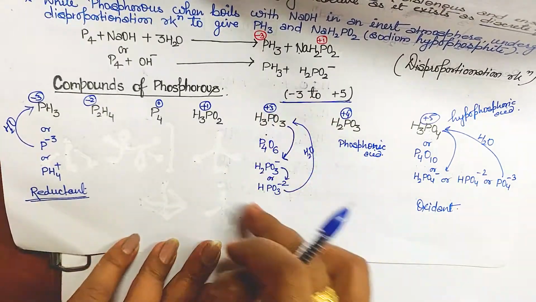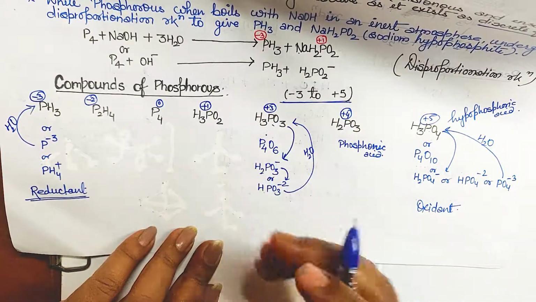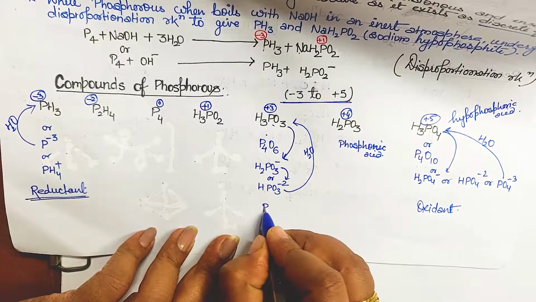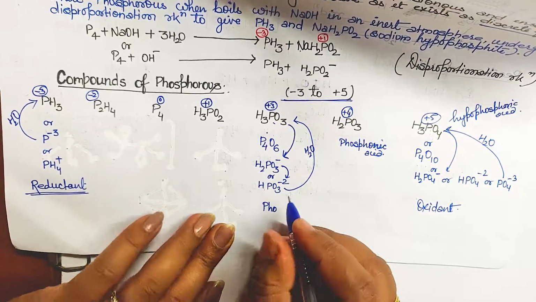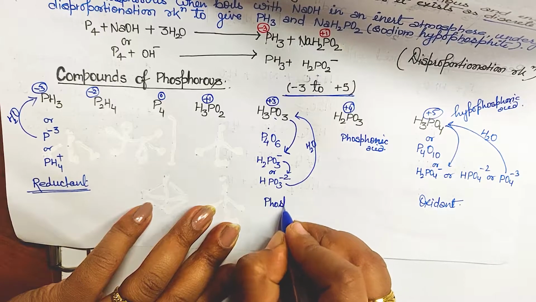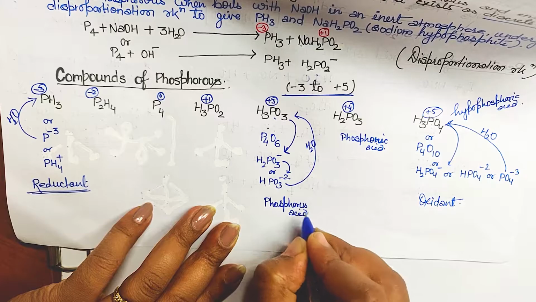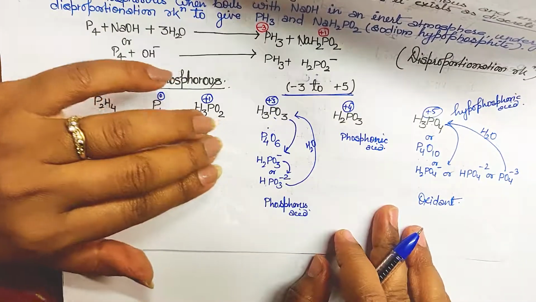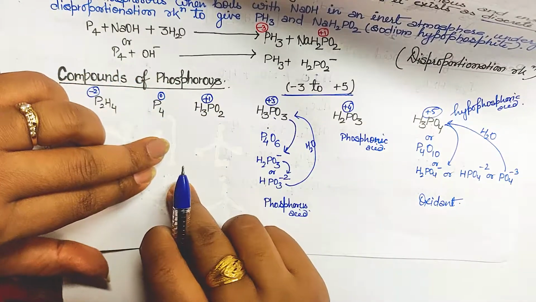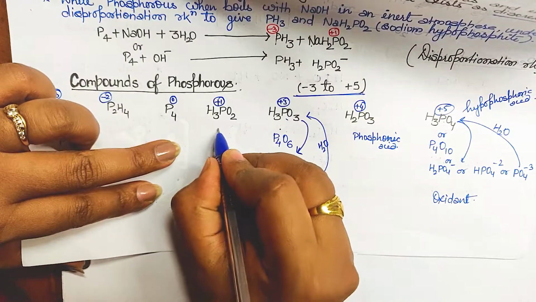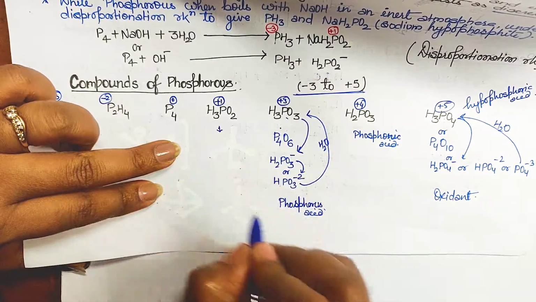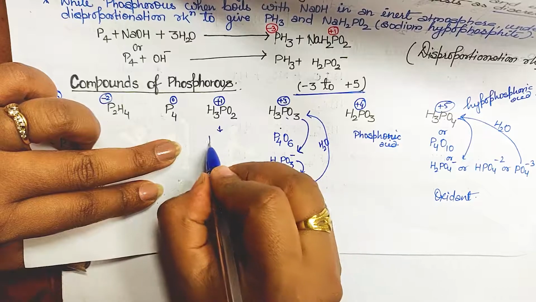Among the acids, this is the lowest one, so we can say phosphorus acid. Now you can say this one is plus 1, the lowest one, so according to the concept this should be phosphorus acid, but here there is a slight exception, so you have to learn that this one is not phosphorus acid, this is phosphinic acid.